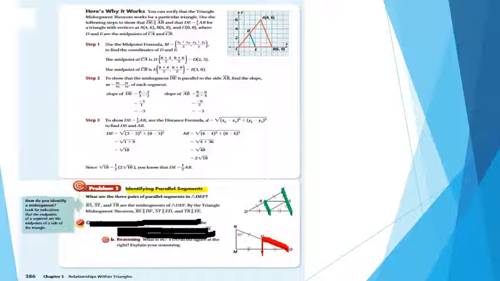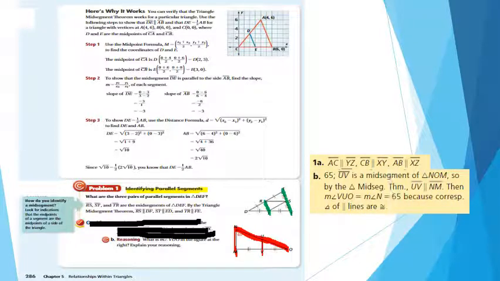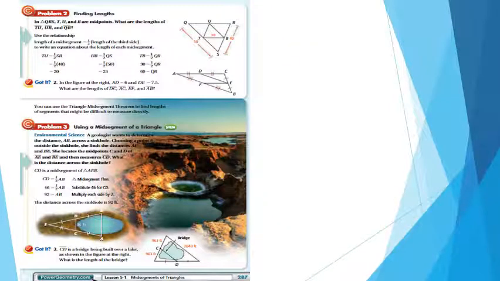Okay, because VU is a mid-segment, and VU is parallel to MN, we took before that corresponding angles are equal. This is corresponding to this. So we can say that measure angle VUO is equal to measure angle MNO. So the answer here is 65.